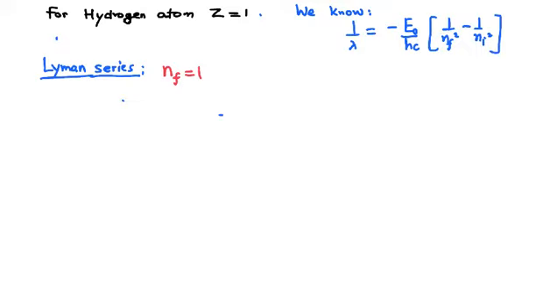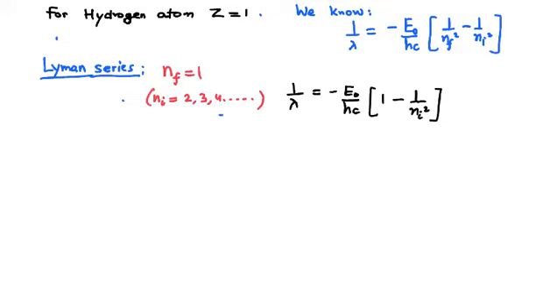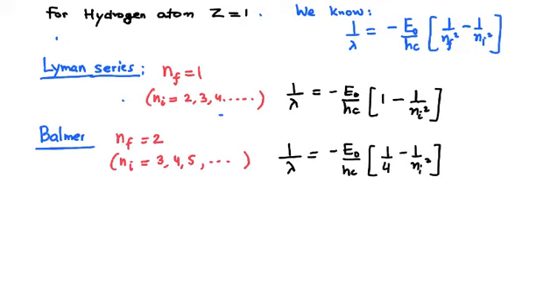So if we start with the Lyman series, you will have to remember that for the Lyman series, the final value of n is always 1, and the initial value of n can be 2, 3, 4 or any higher. Therefore, if we substitute the value of nf squared as 1, we get this formula. So now you know what the Lyman series is and how you can calculate the wavelengths in it.